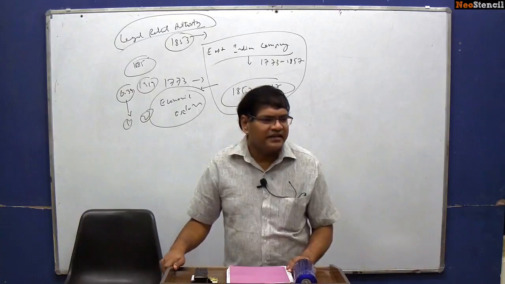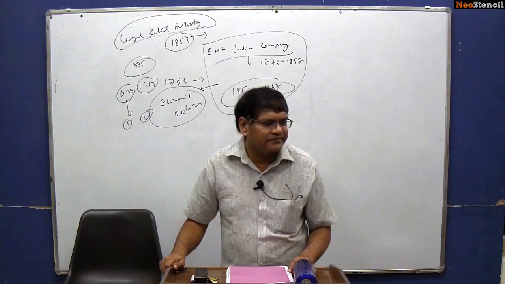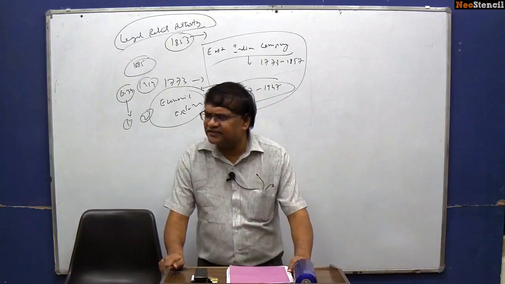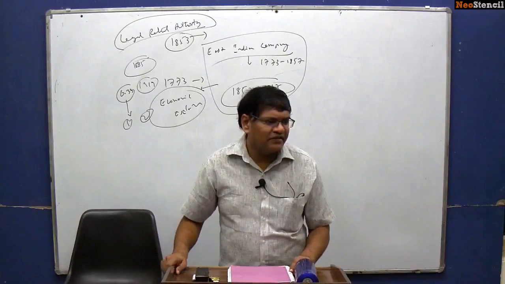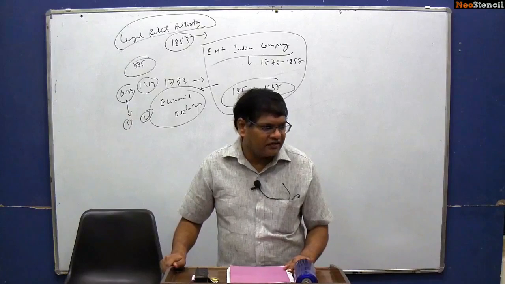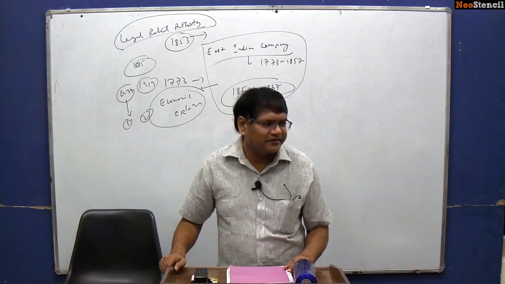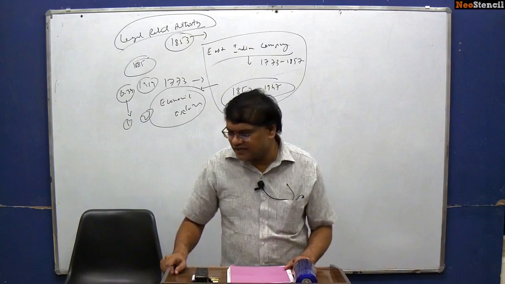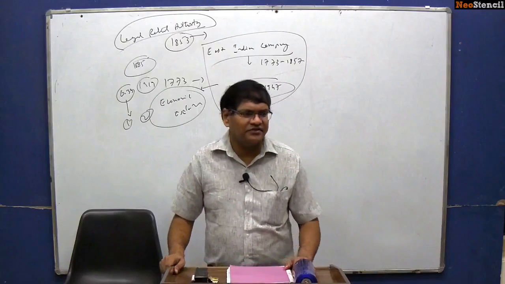We never had the experience of a presidential form of democracy. So our constitutional forefathers decided that it is better to go with a known devil called parliamentary democracy than an unknown angel called presidential democracy. So this is another important feature of our constitution.